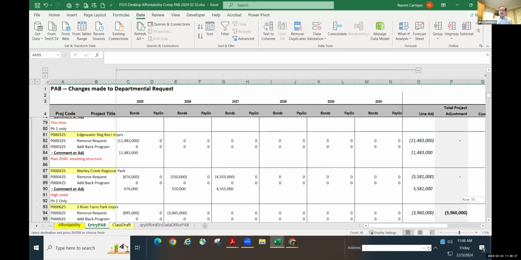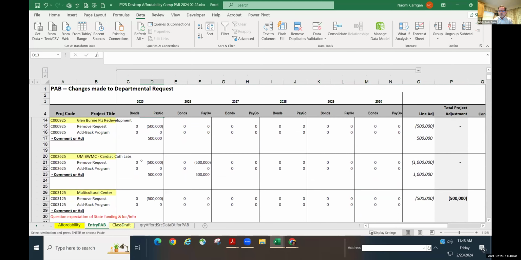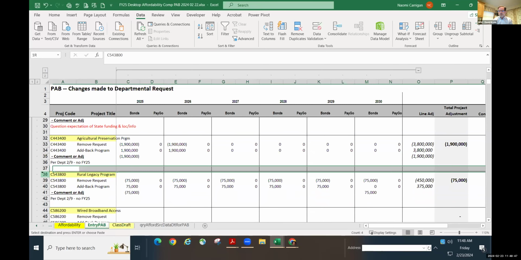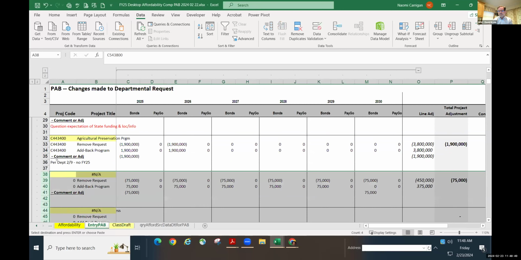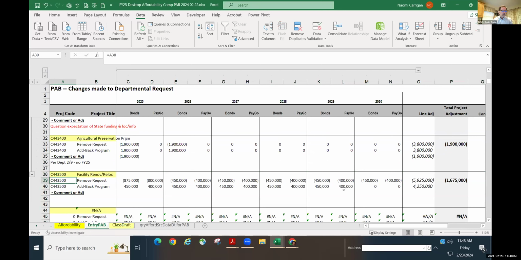But the issue is that for this building and for the use that people are anxious to see happen there, Rec and Parks is looking to try to open it by December of 25. And in order to do that, we need the funding all in 25. Gotcha. Okay, thank you.